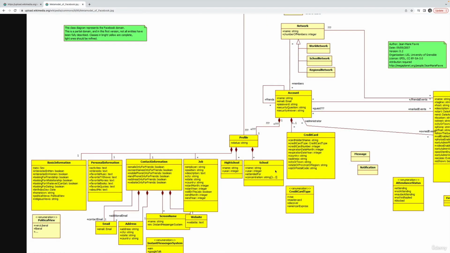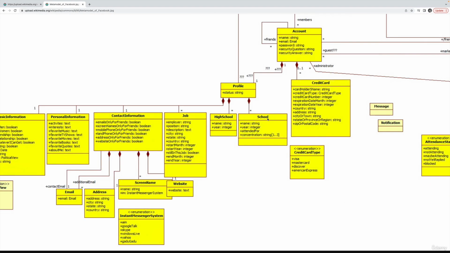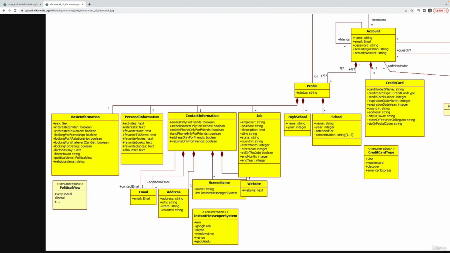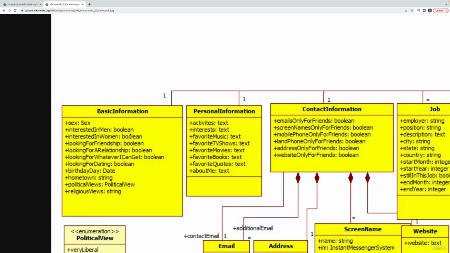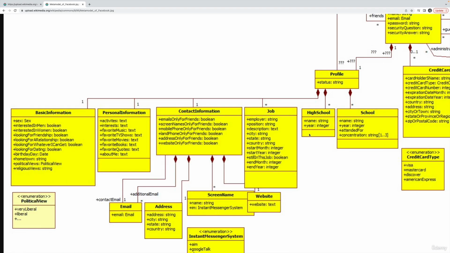Here's another example. This is an old, very out-of-date attempt at modeling the table structure of a website like Facebook. We have things like basic information for a user. Sex, if they're interested in men and women. You can tell this is out of date, I guess, if they even break it down that way. Looking for friendship, relationship. All right, basic information, contact information.